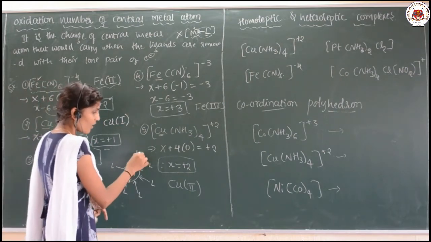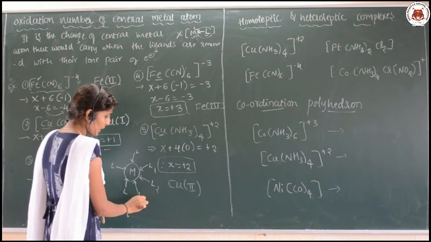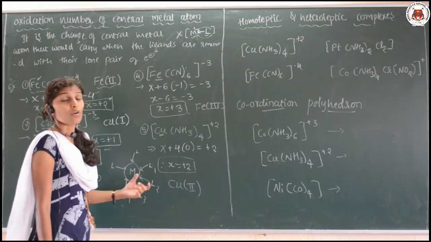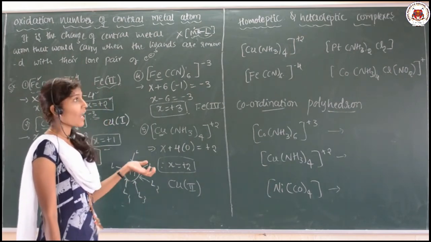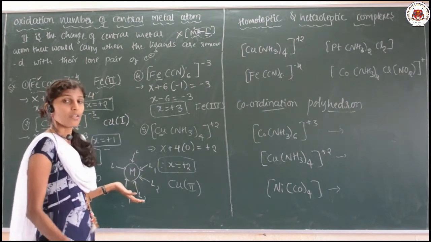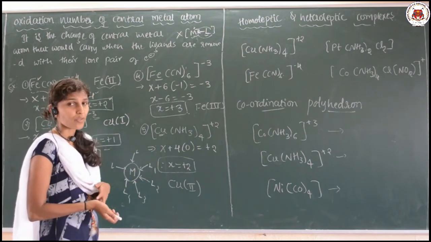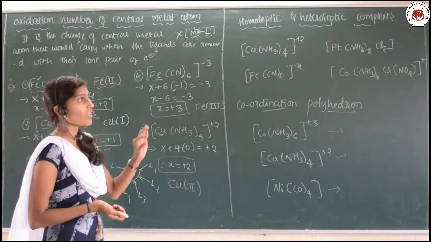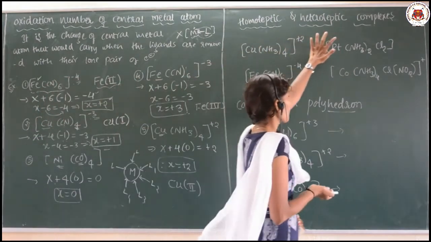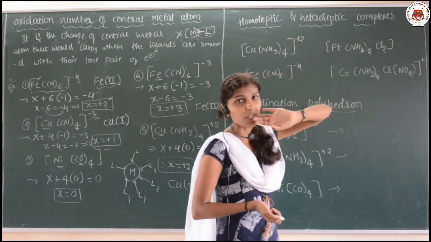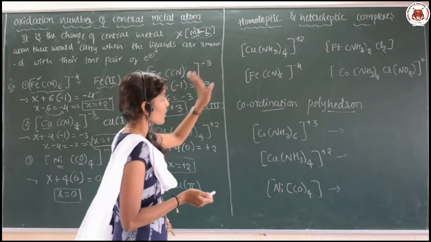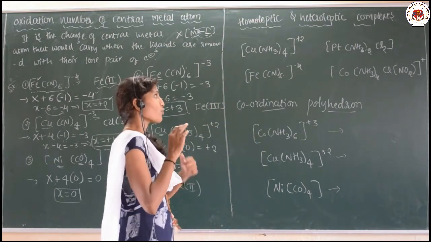Suppose it is like this, I will take L1, L2, L3, different, not only one type. It can be surrounded by two or more than two types of ligands. Such complexes are known as heteroleptic complexes. Are you getting what exactly I am telling, the definition of homoleptic and heteroleptic complex?